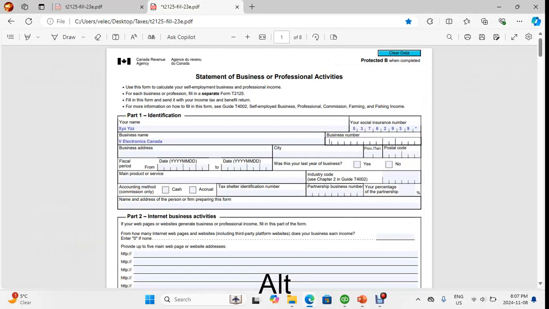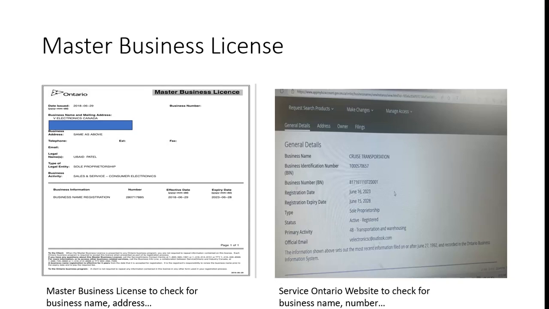So 81716 1110. You'll have two letters, most likely RT, and then four more digits. Let's say 0001.